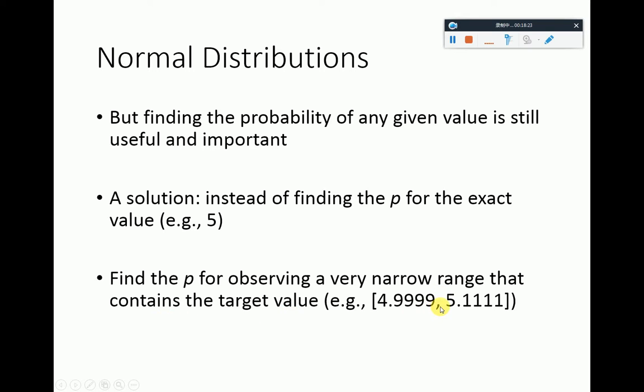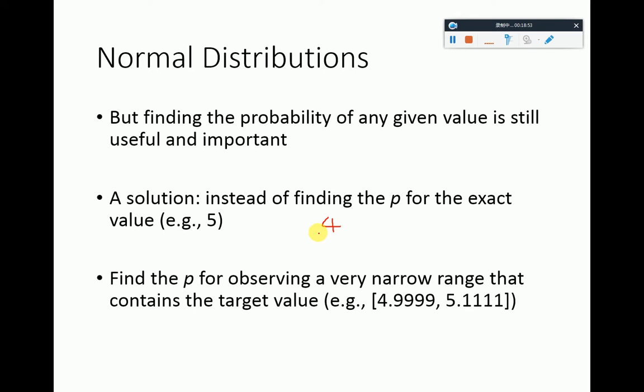So 5 is slightly larger than 4.9999, and slightly smaller than 5.1111. This range, so close but containing 5, can be roughly considered as the probability of observing 5.